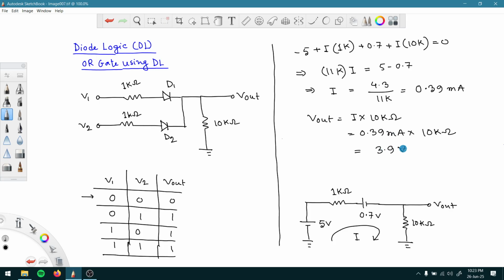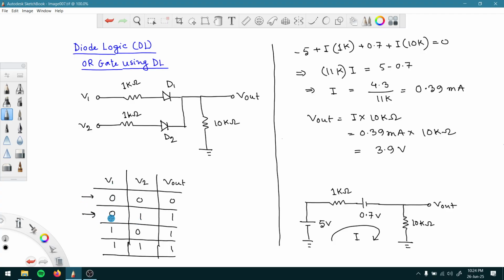You see the voltage we are getting is close to 5 volt, because these are primitive models. We cannot expect a voltage very close to 5 volt, but we can say that this is somewhat close to 5 volt. So that's why we can say that case 2 is also proved.